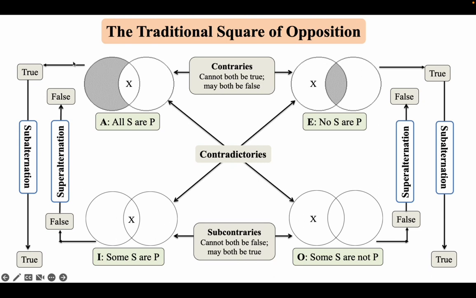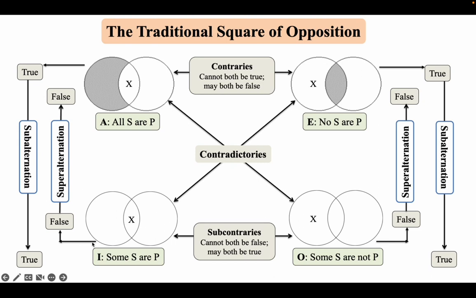So one way that I learned when I was in school is that truth always goes down and never goes up. It always goes down. So if it's true that all bananas are yellow, it must be true. It's not just a possibility, but it must follow by logical necessity that some bananas are yellow.